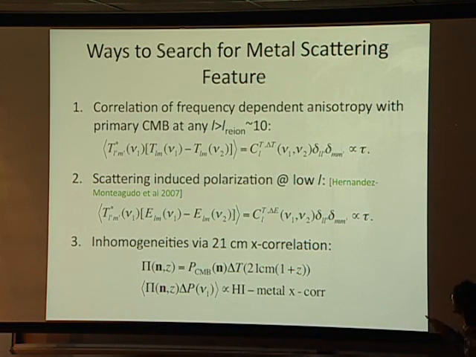The original idea from the Basu et al. paper was to correlate the temperature of the CMB with the temperature differences, and that's proportional to the optical depth in these lines. A second thing you might imagine is, I said it's like reionization, so you'll produce E-mode polarization at the low multipoles.